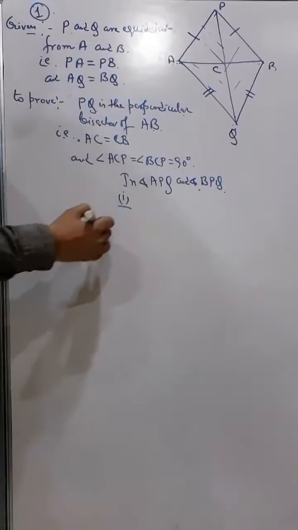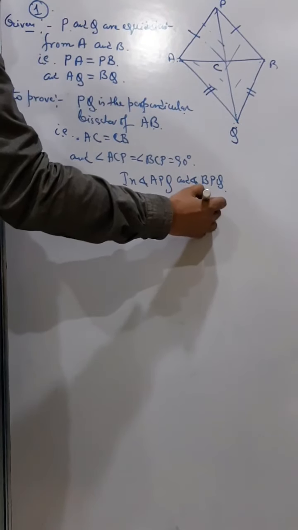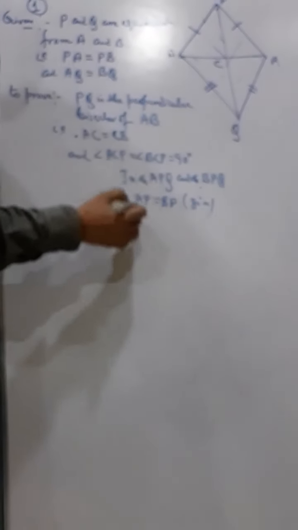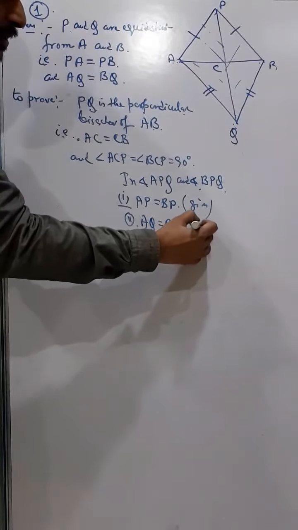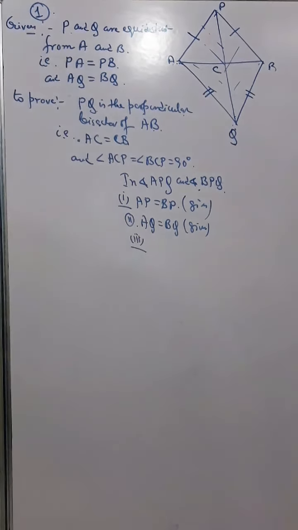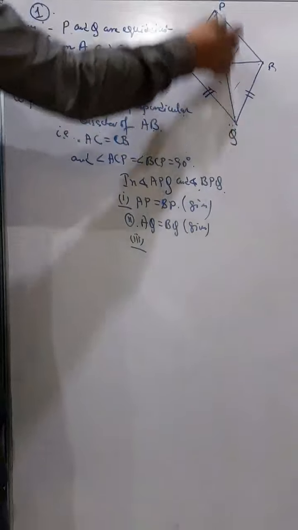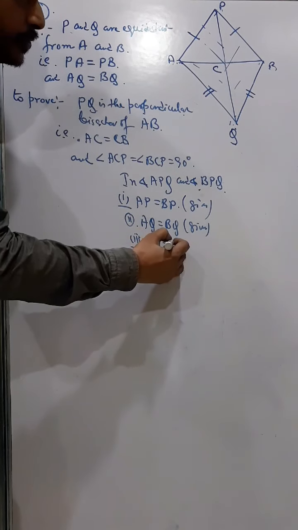So in triangle APQ and triangle BPQ, the first thing we can say is AP equals BP, that is given. The second, we can say AQ equals BQ, that is also given. And the third, we can say PQ equals PQ, that's common, present in both the triangles.